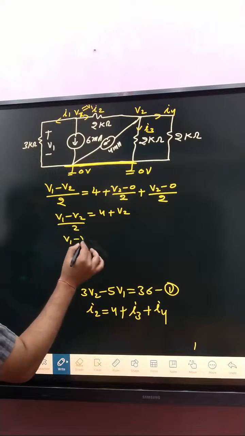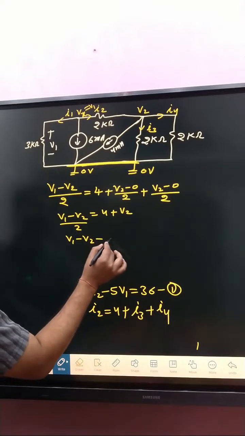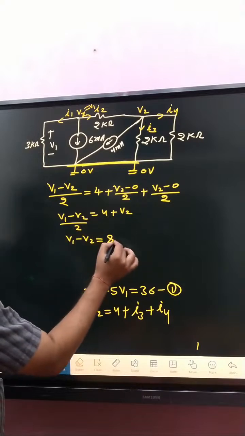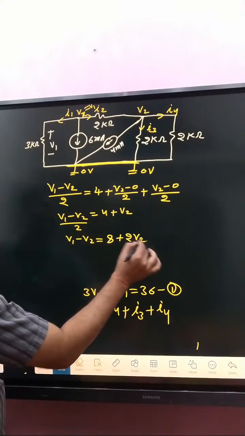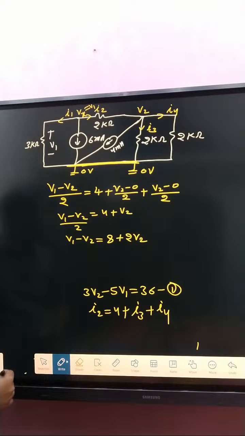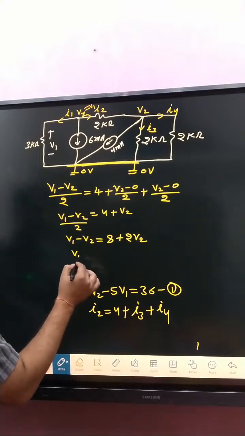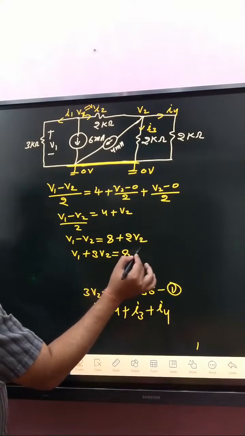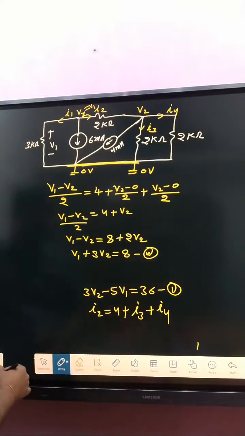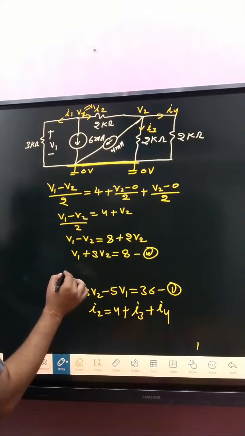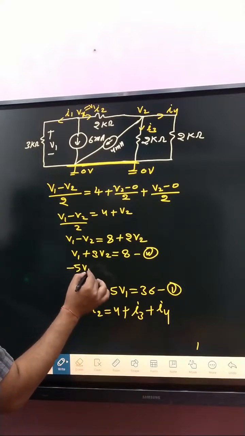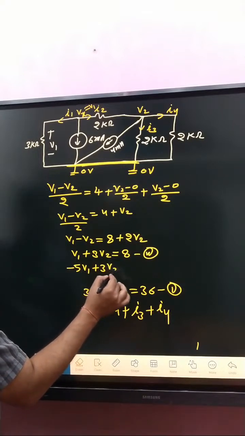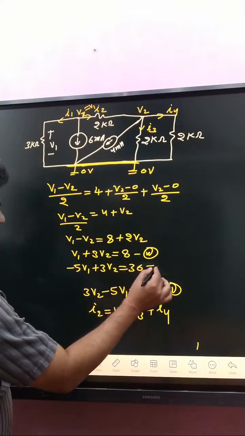So V1 minus V2 basically 8 plus 2V2. Okay, V1 plus 3 times V2, this is equal to 8, equation number 2. And that one is minus 5V1 plus 3V2, this is equal to 36, equation number 1.